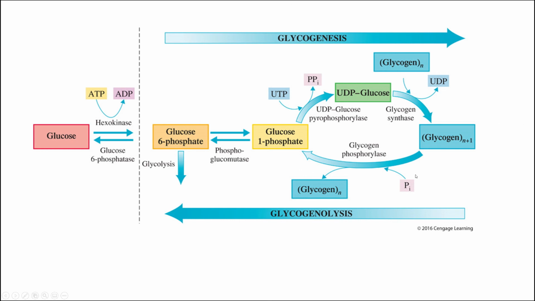When we need energy, the inorganic phosphorus attaches to glycogen. And so then we have one less molecule on our glycogen chain. We've pulled off one glucose. That's glucose 1-phosphate right here. So we skip this intermediate step going back the other way. Generate glucose 6-phosphate and enter glycolysis.